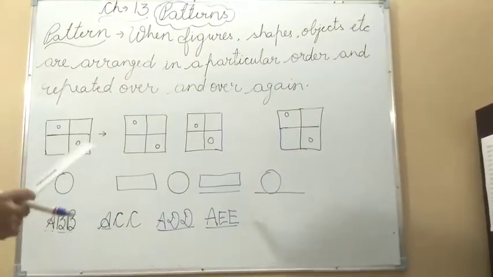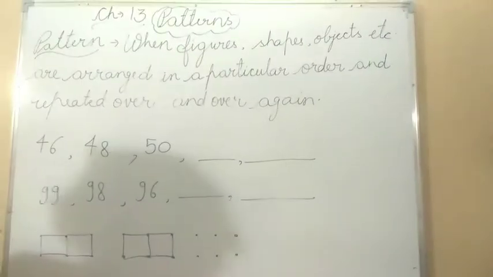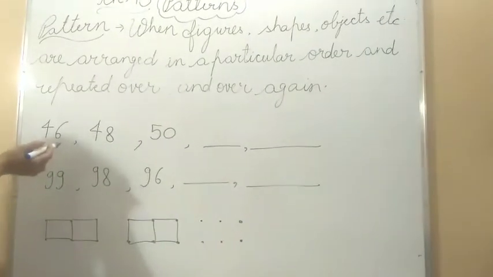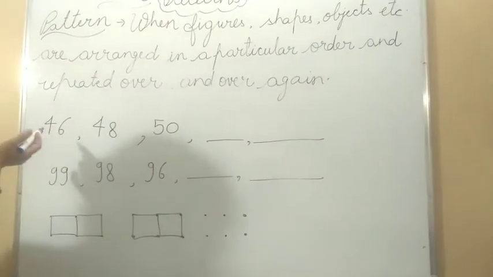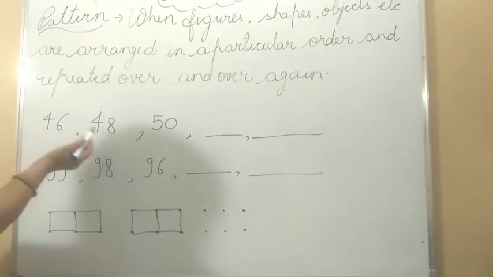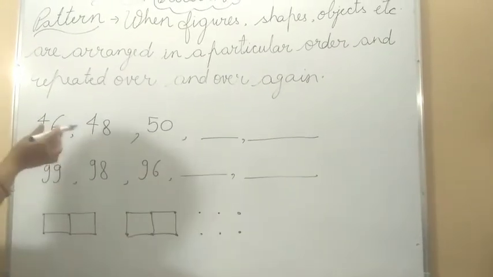Now I will show you how to complete the pattern in numbers. Now look at the pattern of this number. Which numbers are given here? 46, 48, 50. Now you can see what is happening here.